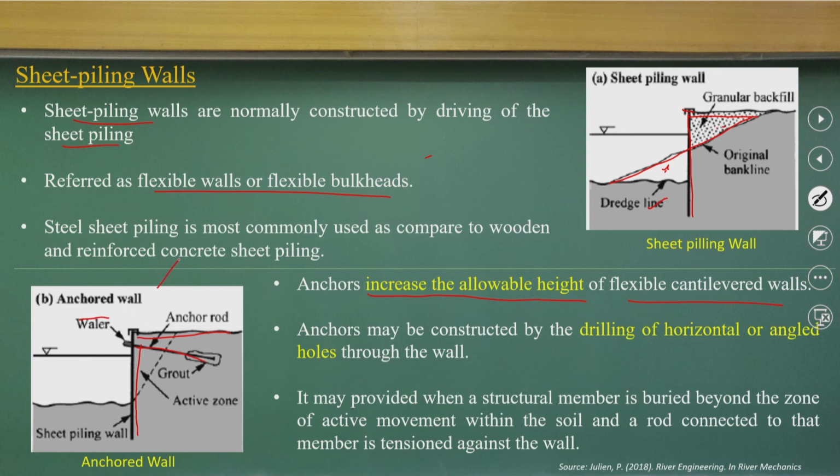It may provide structural members buried beyond the zone of active movement within the soil, and a rod connected to that member keeps tension against the wall. So, you can design the sheet piling wall. These are small structures we can construct along small rivers where we have highly vulnerable stretches.